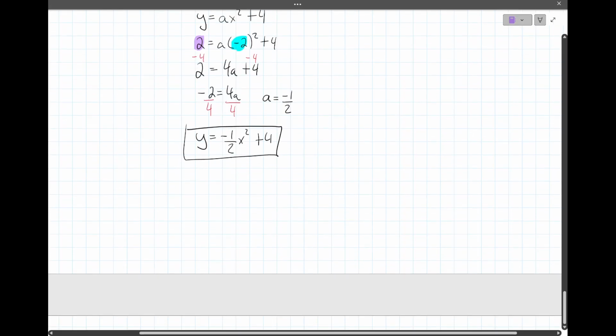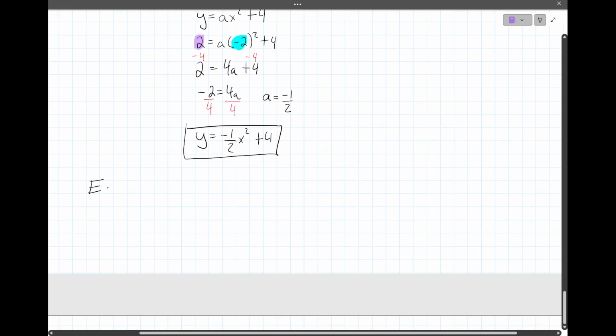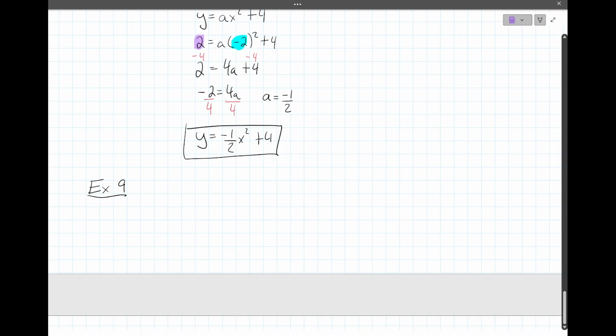Good. Let's try it with a different set of information. So example 9, last one. We have a parabola with axis of symmetry equal to 0, a y-intercept of -4, and one x-intercept at 1.